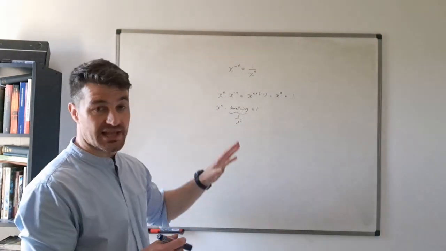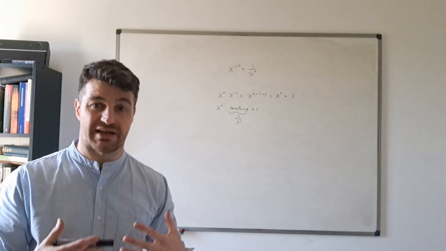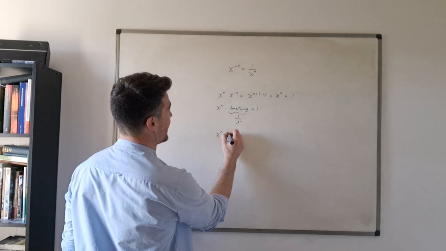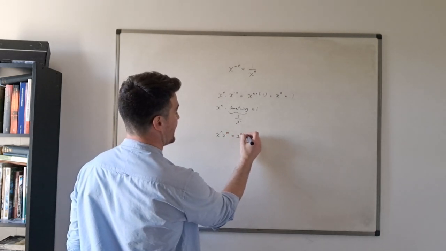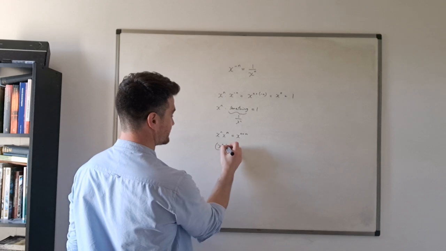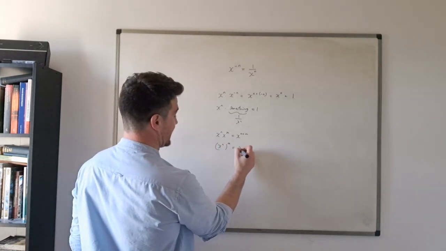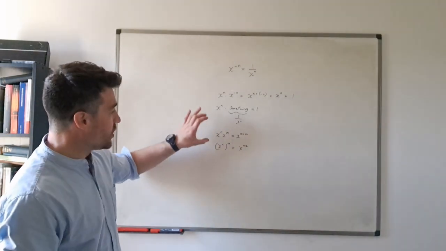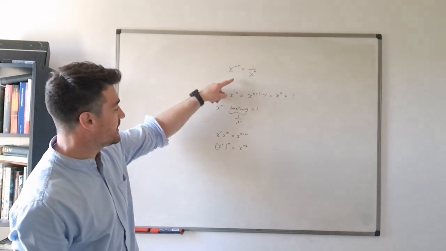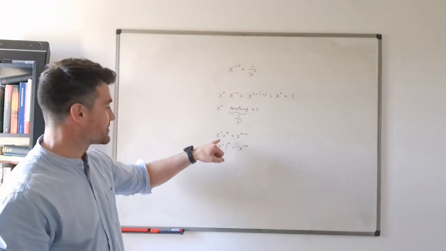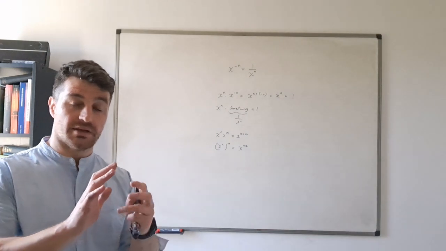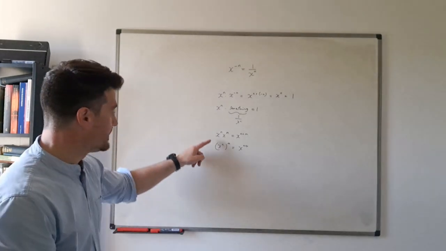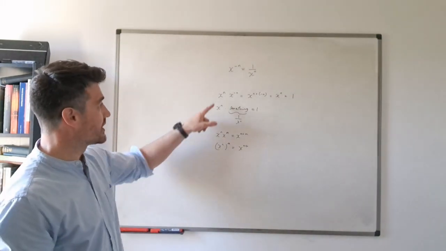And once we've got this definition, we can systematically go through these rules. So x to the power of n times x to the power of m equals x to the power of n plus m, and x to the power of n to the power of m equals x to the power of nm. And we can verify that these rules work under this definition as well. So if we allow n and m to be just integers, positive, 0, or negative integers, we can verify these rules work with this definition.